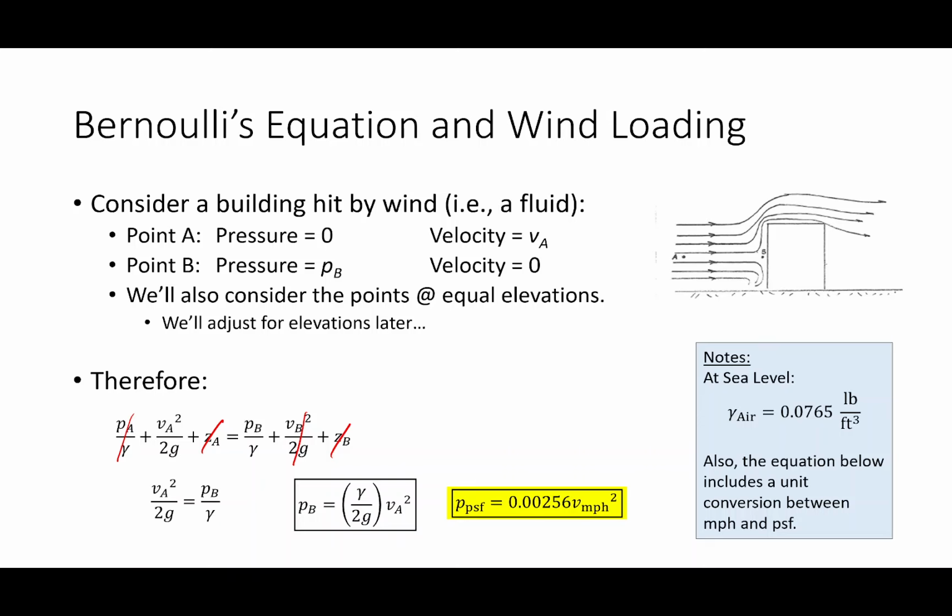Well, just a little bit here on the board. Ultimately what I would like to do is plug in a velocity in miles per hour and get out a pressure in pounds per square foot. So we have gamma over 2g times the velocity squared. I've got 1/2, that's the 1 over 2, that's the 2 right there. Gamma is this, and g is 32.2 feet per second squared in US units, right?